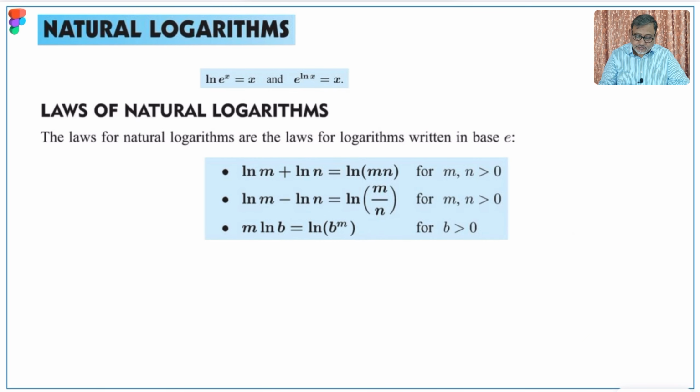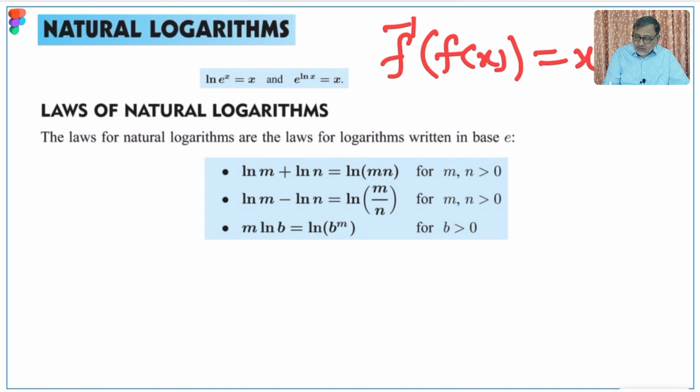Now natural logarithms. Natural logarithm means ln. So ln of e raised to x is x because ln and e are inverses of each other. It is something like f inverse of f of x. Both get eradicated and you get only x.